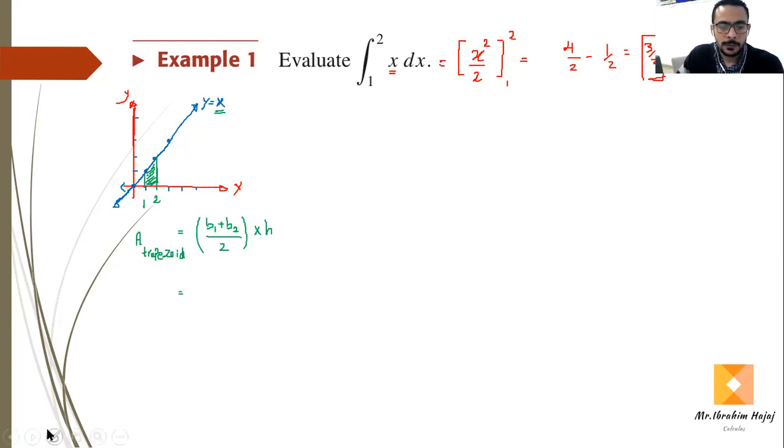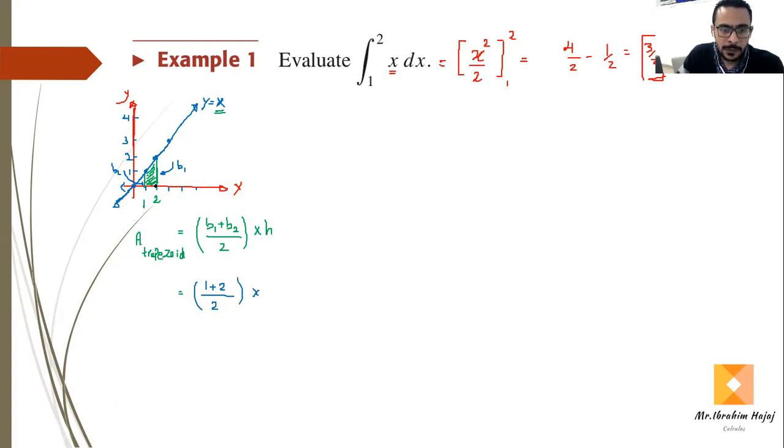Let's assume this is base 1 and this part here is base 2. The first base is 1 and the other base is 2. So I have 1 plus 2, all over 2, and then multiply by the height.